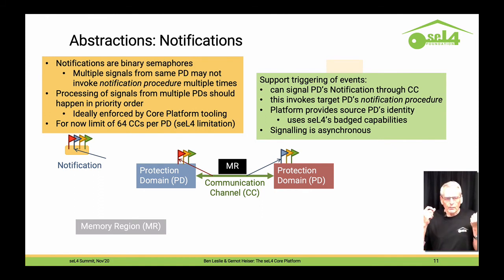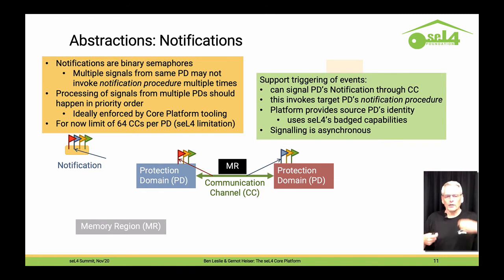Regarding the processing of multiple notifications: if a protection domain A is connected to multiple channels and therefore multiple partner protection domains, and those concurrently signal the notification of the first protection domain, what is the order in which these signals get processed?